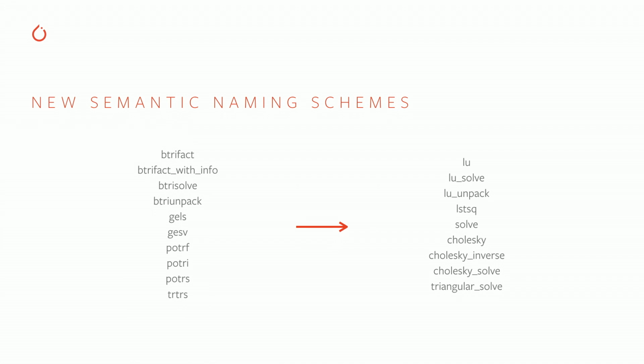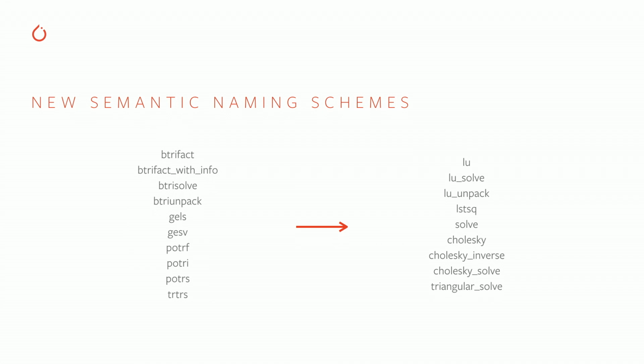You have btrisolve renamed to lu_solve appropriately, and you have btriunpack renamed to lu_unpack. Gels, it's not gels, it's least squares, so lstsq is a more appropriate naming scheme. And then we have gesv, which is your general solve. We can rename it to solve, following a lot of recent linear algebra packages that have come out.